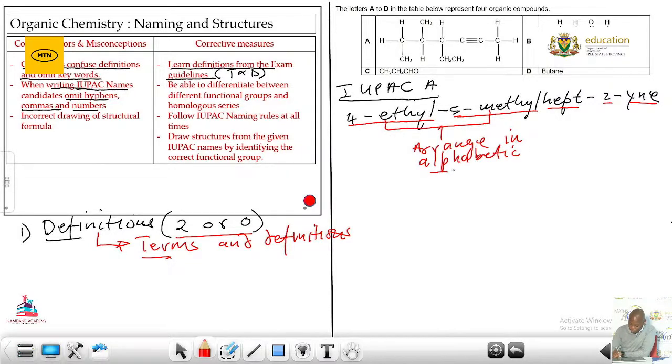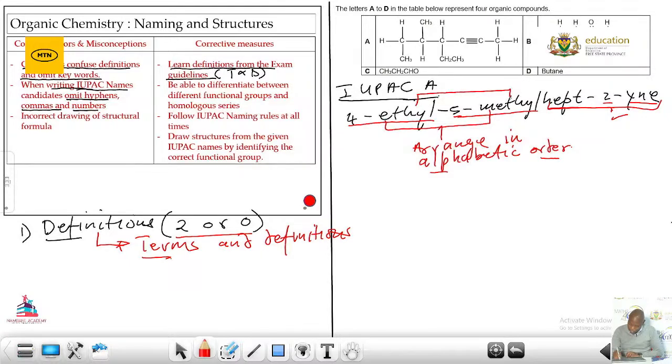That is very, very important for one to remember, because once we do not do this, we are going to lose a couple of marks. For such a name, a learner can get a maximum of 3 marks, because usually we will say if the parent name is correct, we'll give you 1 mark.